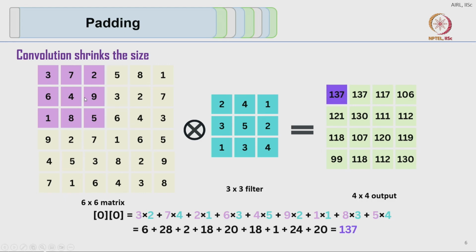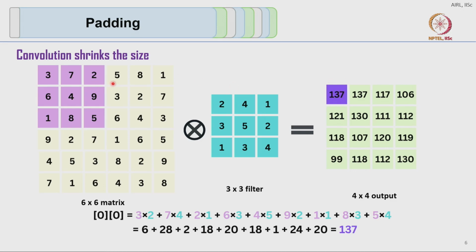So if I consider the convolution operation, the first 3x3 patch is multiplied by the 3x3 filter. 3 into 2, plus 7 into 4, plus 2 into 1, that's the first row. 6 into 3, 4 into 5, 9 into 2, that's the second row. Plus 1 into 1, plus 8 into 3, plus 5 into 1. That's the convolution operation we are talking of, which results in 137. That's the first value.